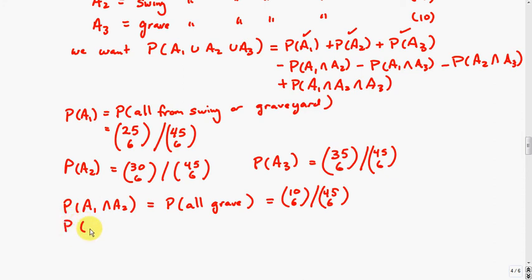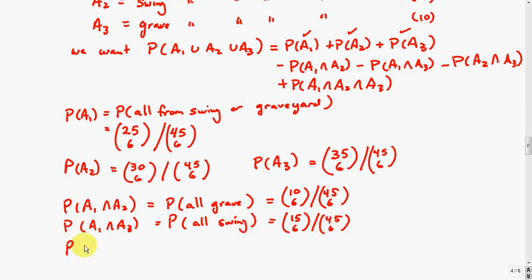So now let's do A1 and A3. A1 and A3 is the probability of all swing. And all swing is 15 choose 6 divided by 45 choose 6.